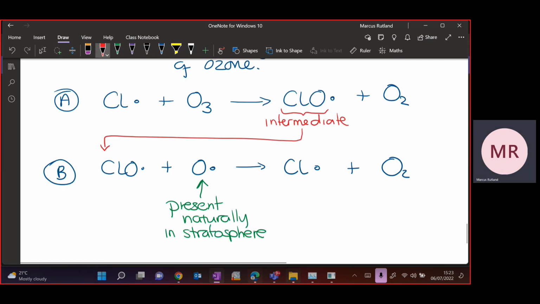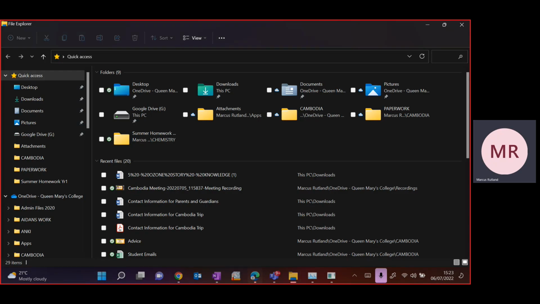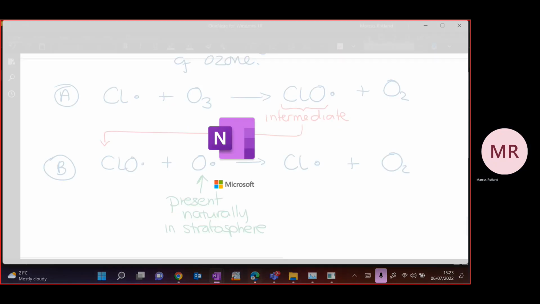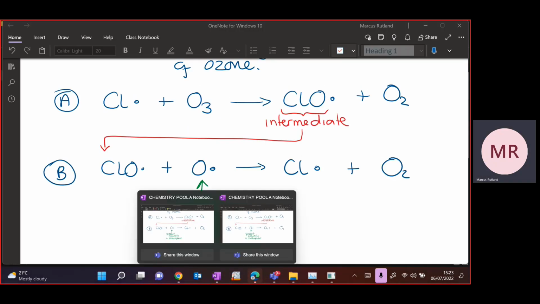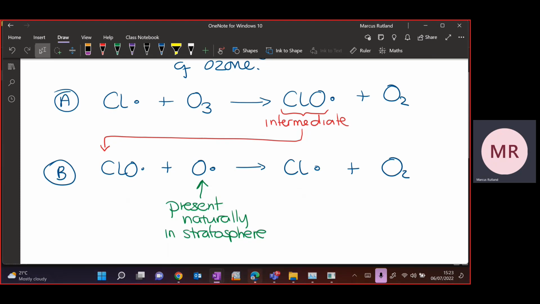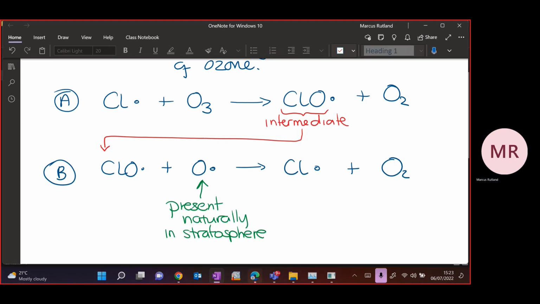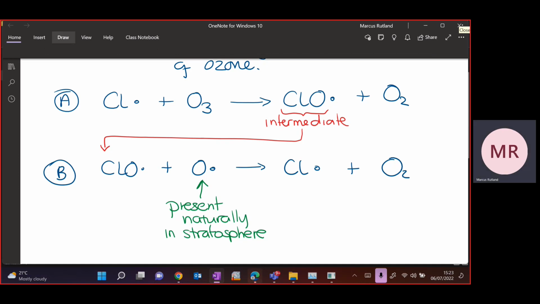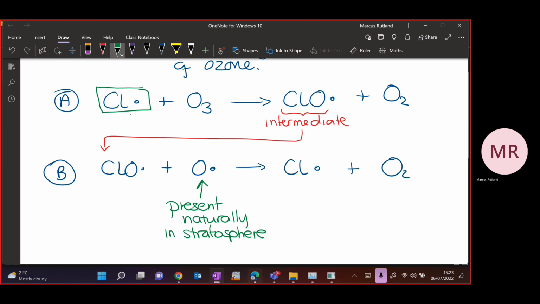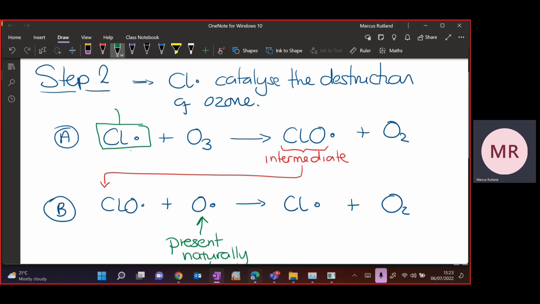So look at what's happening. Here's our chlorine radical going in. So it's a catalyst.